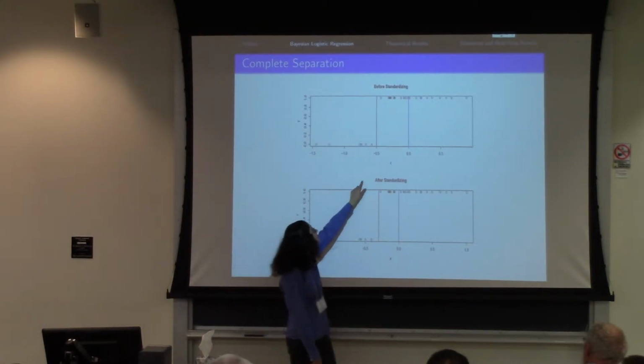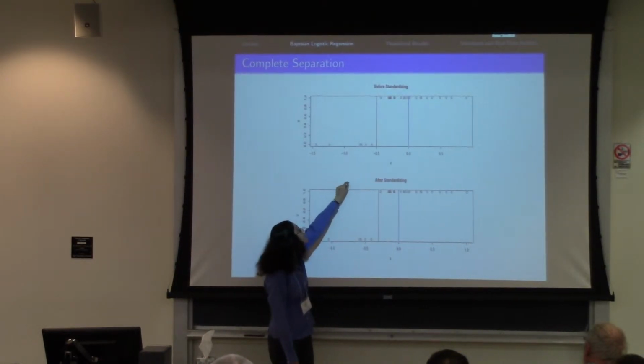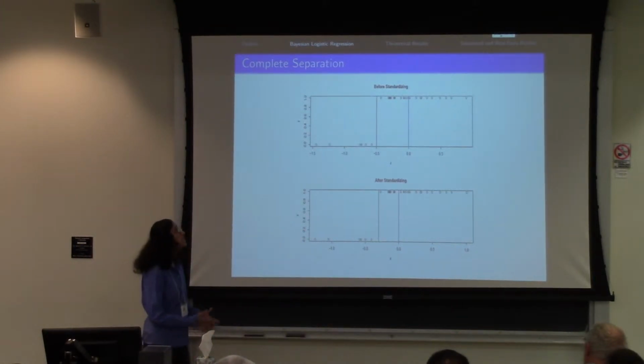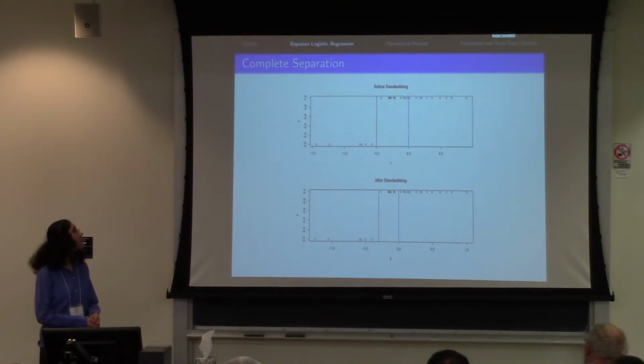So if you look at this vertical red line here, all the points to its left correspond to Y equals 0, all the points to the right correspond to Y equals 1. So if this happens, we would say that the predictor Z leads to complete separation of the sample points. So it's able to classify all the response variables perfectly in the sample.